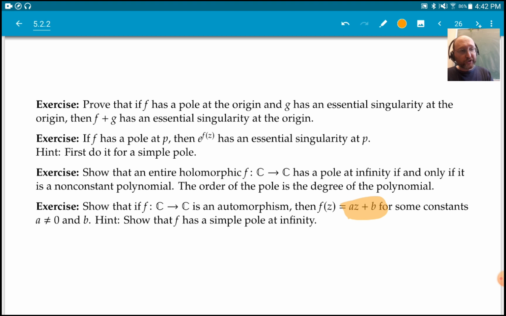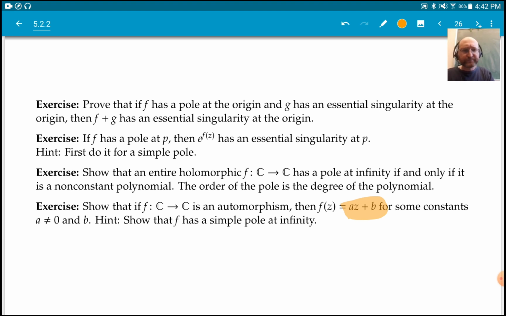The way to show this is to show that you have a simple pole at infinity. First show that it's a pole, then show that it's simple.